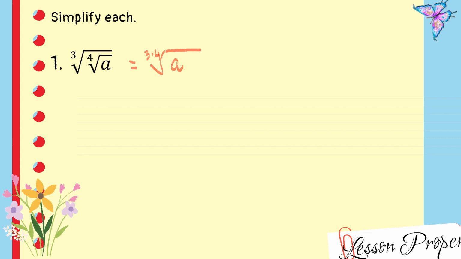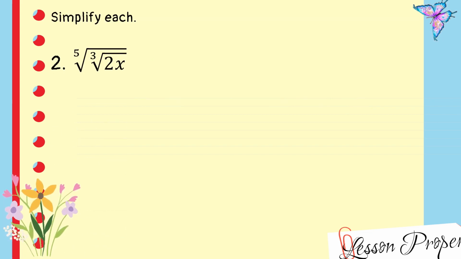Then we copy the radicand. So 3 times 4 is 12. So we get the 12th root of a.